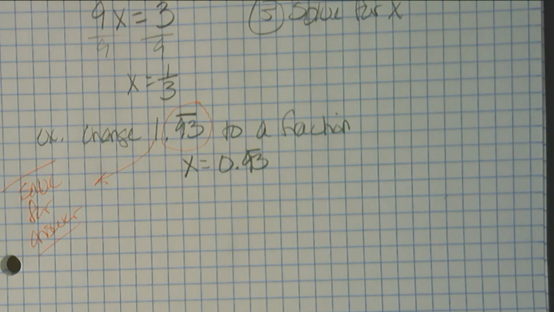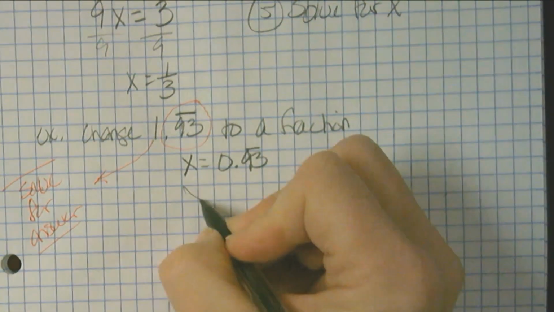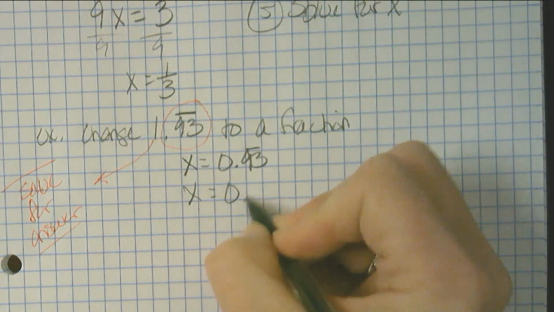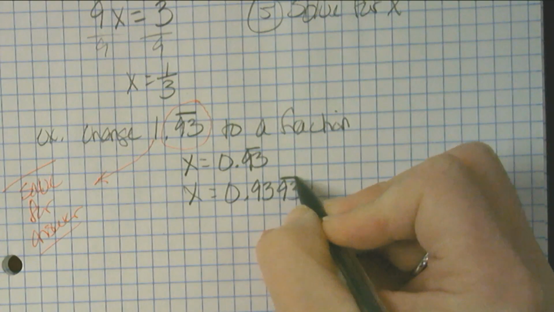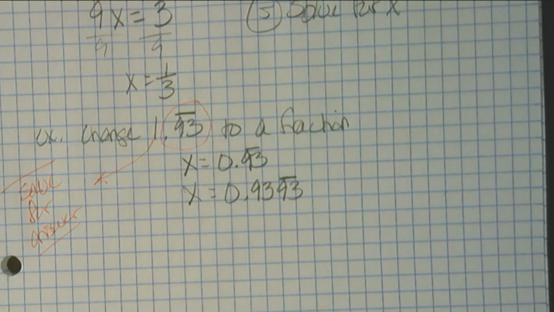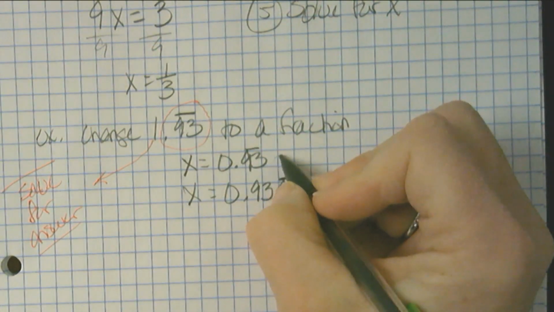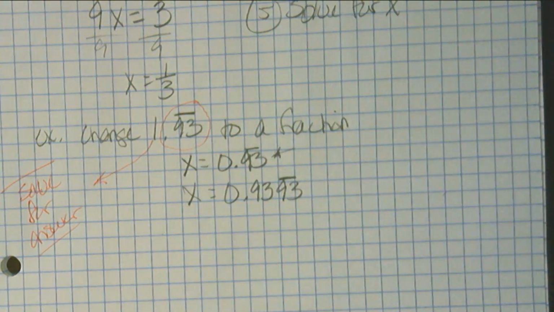I like to do that again with the second repeating part, just so when I multiply that repeating part by either 10, 100, or 1,000, I can see why I get one full repeating part in front of my decimal. Okay, what place value does our original decimal go out to?